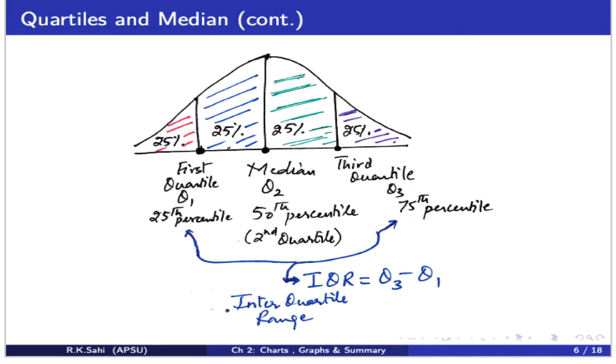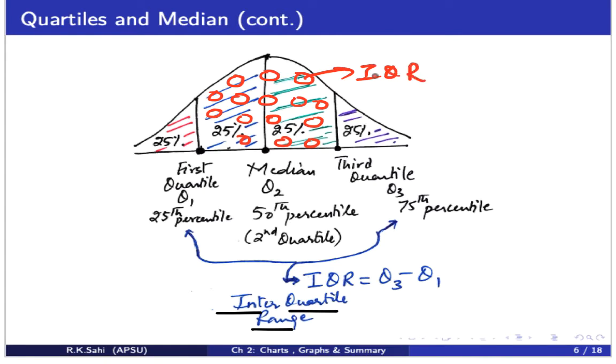Now we talked about interquartile range, if you remember. That's in terms of when we're doing the spread of the data set. So the interquartile range is the region between Q1 and Q3, which I've circled. That is your IQR, the interquartile range.